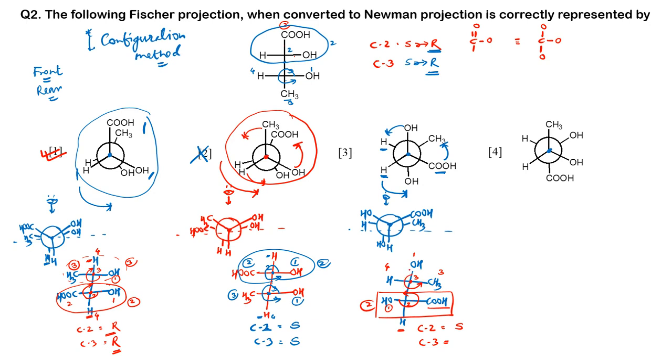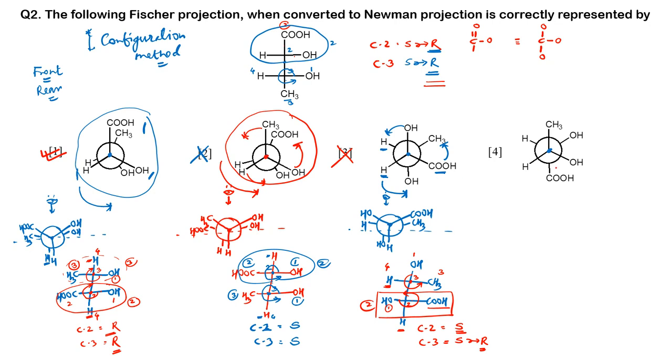Here we are observing this is moving in an anti-clockwise direction. So it seems to be S, but hydrogen is towards observer, so therefore S will change to R. And you are finding that one is S, one is R, and the expected is both have to be R. So therefore this is not the correct option.